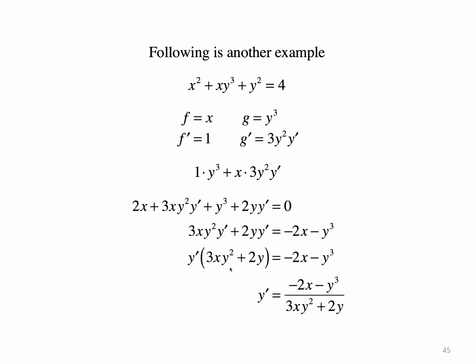And then finally divide both sides of the equation by 3xy squared plus 2y, and that's where you get the negative 2x minus y cubed divided by 3xy squared plus 2y, and that's your y prime. That's your dy dx.